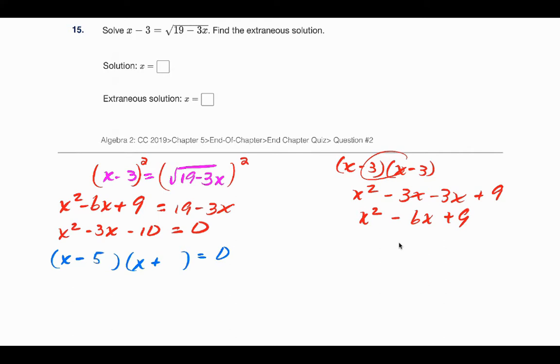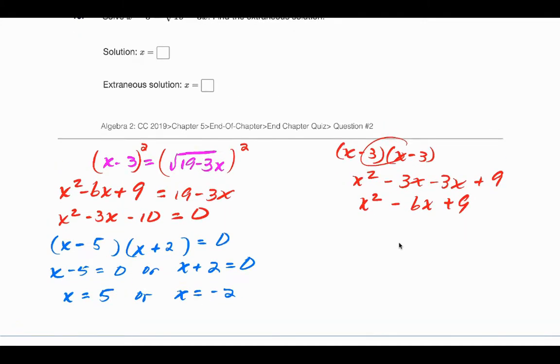That would be minus 5 and plus 2. Okay? So then, remember, by the zero product property, x minus 5 is equal to 0, or x plus 2 is equal to 0, and we're going to solve those for x. So we'll get x is equal to 5, or x is equal to negative 2.